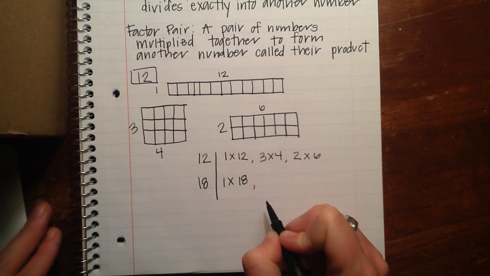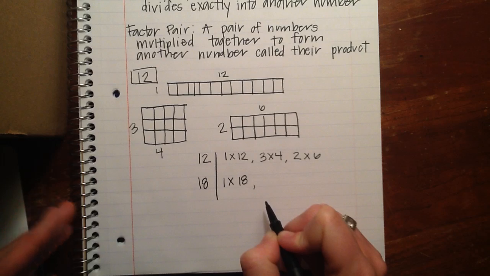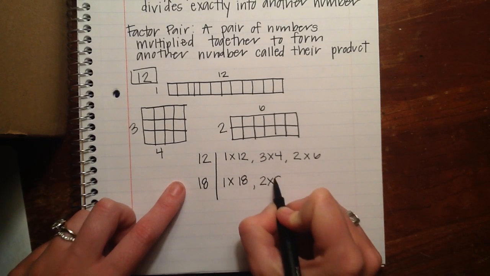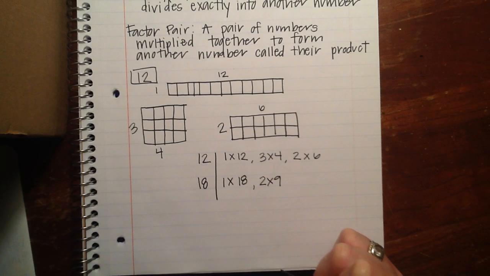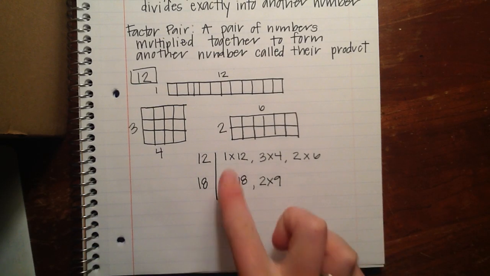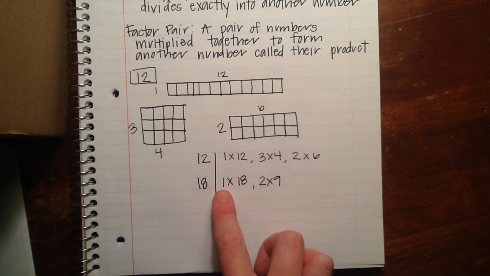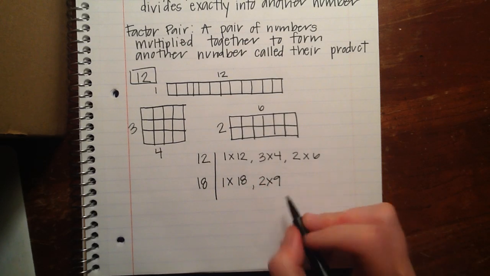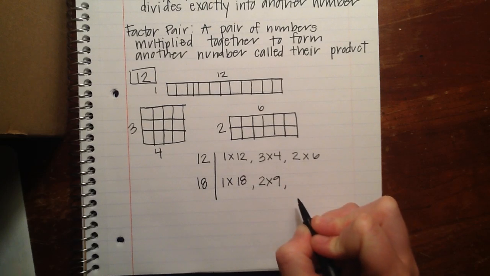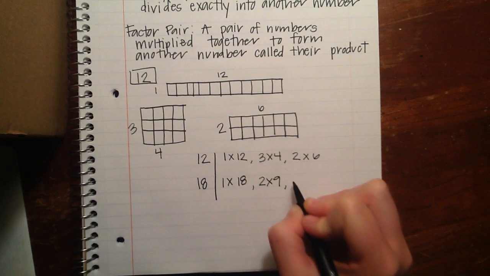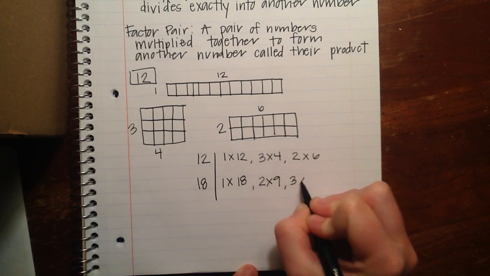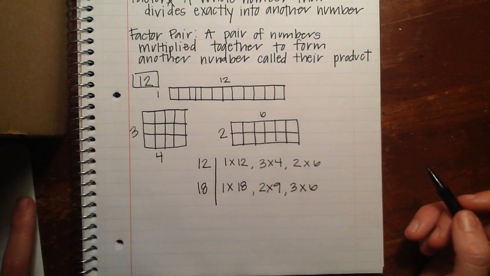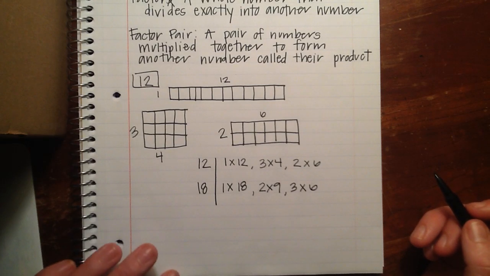Does 2 times anything equal 18? 2 times 9 equals 18. I know this is a little bit out of order, but do you see how I'm going 1, 2, 3? Does 3 times anything equal 18? Yes. 3 times 6.